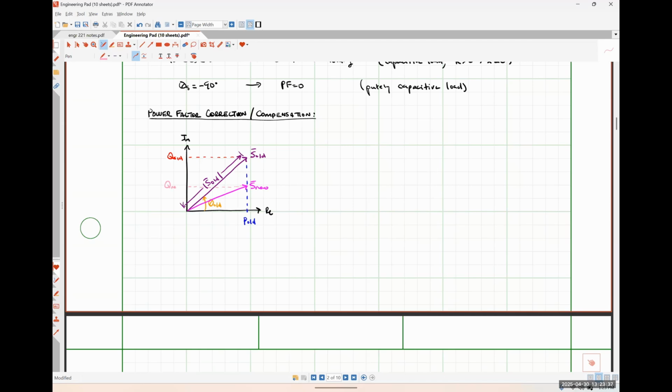This is representing Q new. And this new angle right here is going to be theta new. And it is smaller than theta old. And the cosine of theta is going to look closer and closer to 1 as our angle gets closer and closer to 0. Okay.